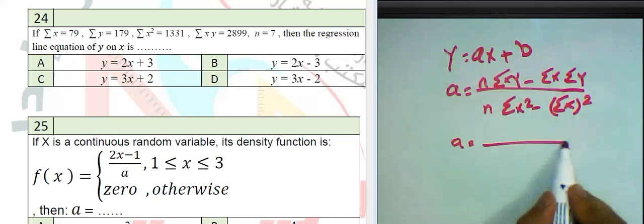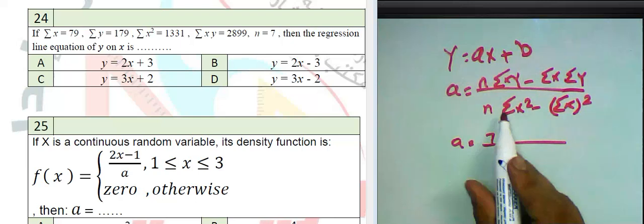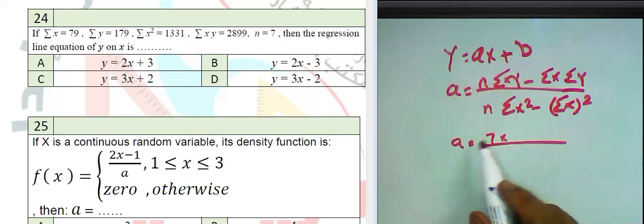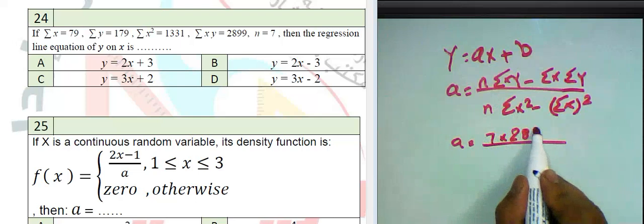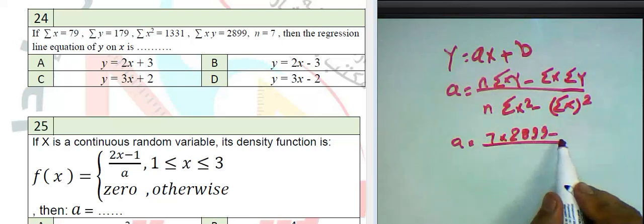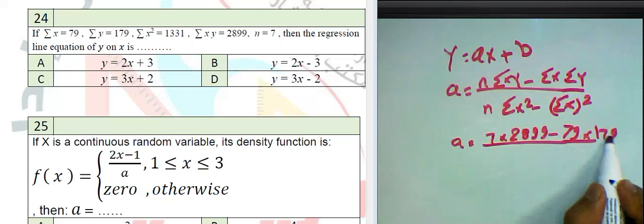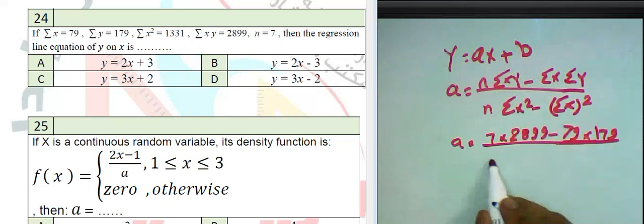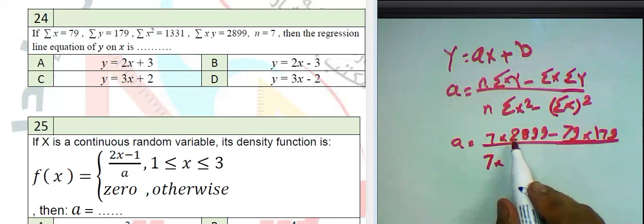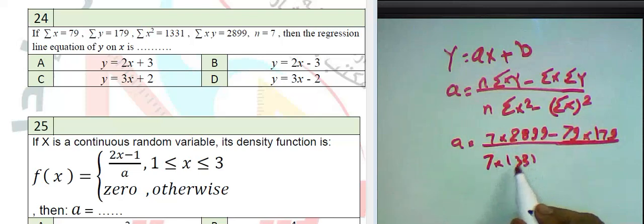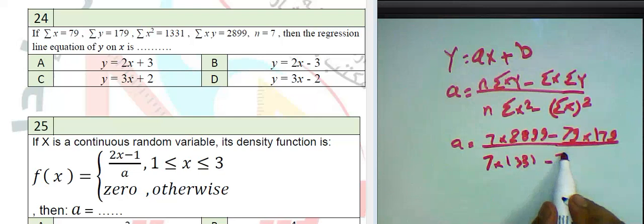Find the result. The number here is 7, multiplied by summation xy, which gives 2899, minus summation x times summation y, 79 times 179, over n multiplied by summation x square, which he gives us as 1331, minus summation x to the power 2, which is 79 squared.